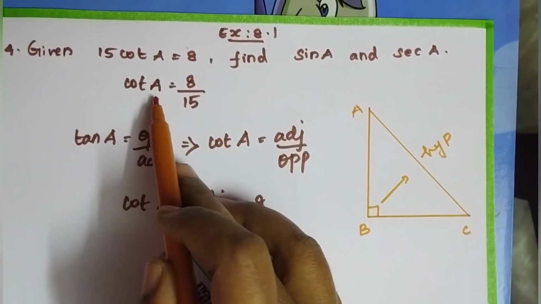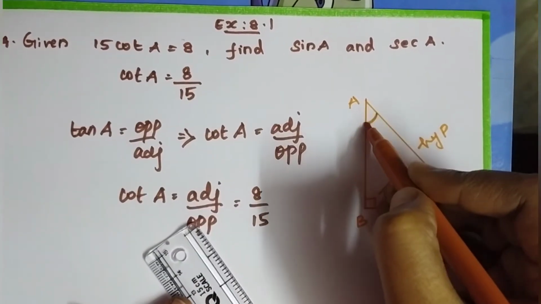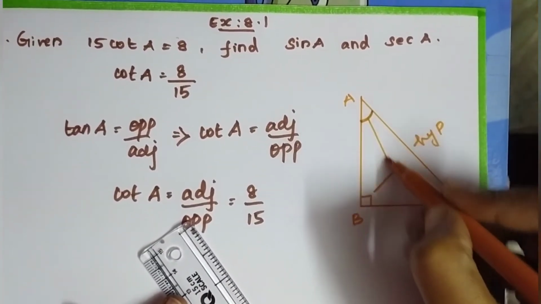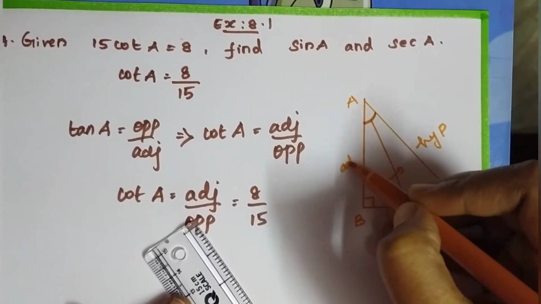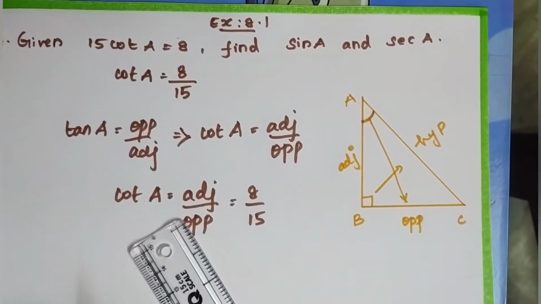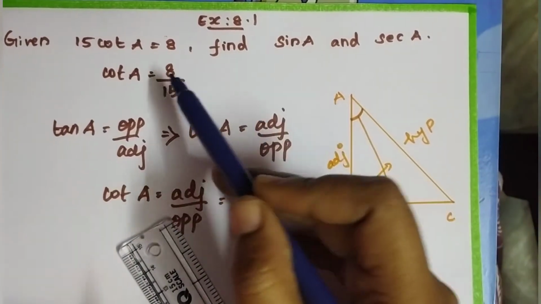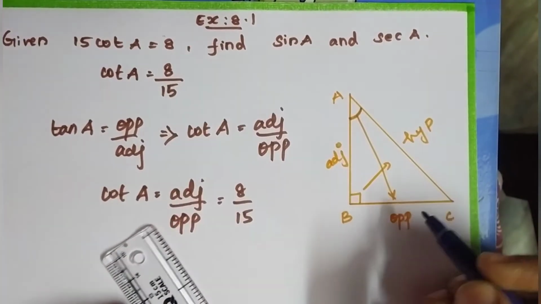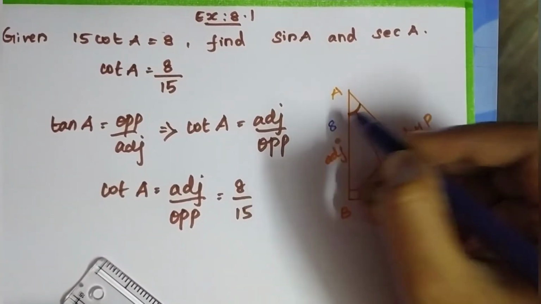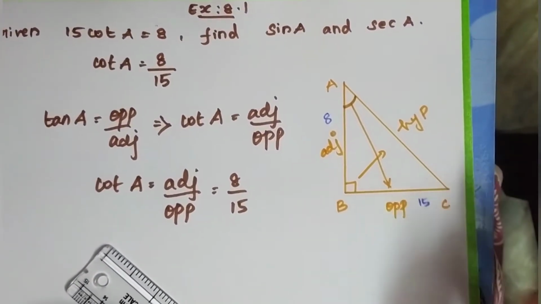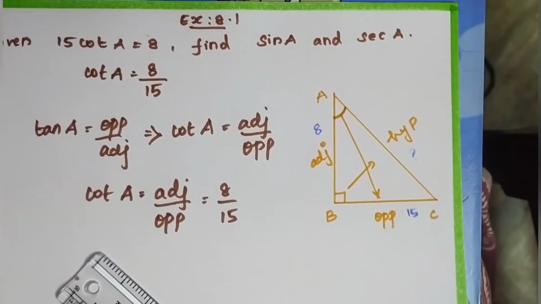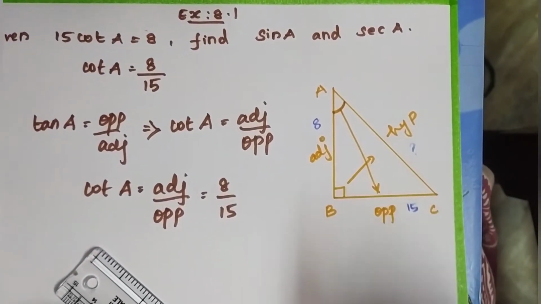For A. So which one is opposite? This is opposite and this one is adjacent. Now mark the numbers 8 and 15. 8 is adjacent side and opposite is 15. So we have to find the hypotenuse.